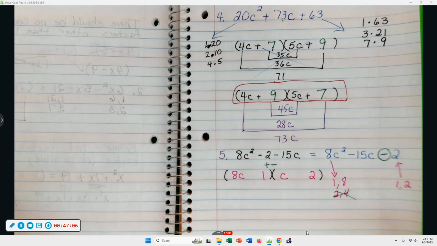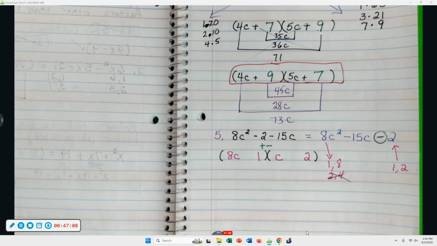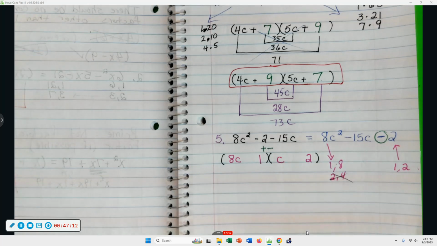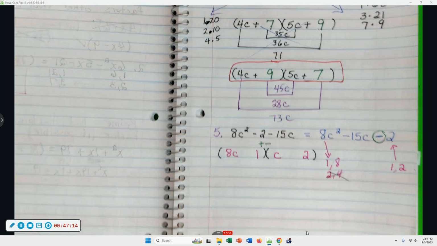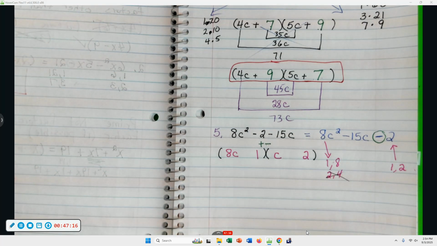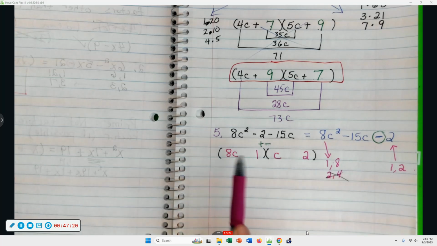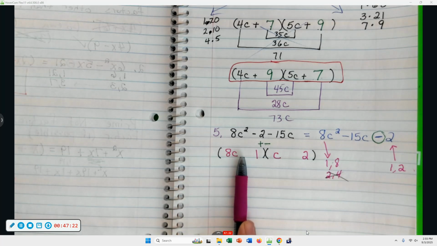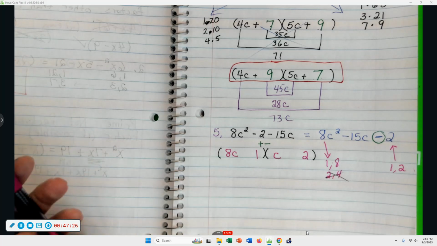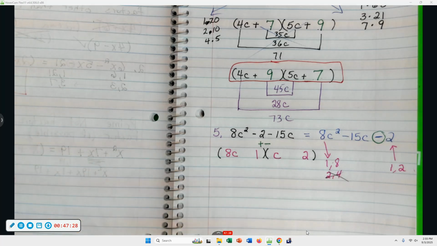I'll tell you what I see on tests, unfortunately. People are typing the first set of parentheses 8 plus 1, and then the second one 1 minus 2, or what have you. What do they forget to put in the parentheses? The variable. So don't forget, it's 8C and 1C. Don't forget the variable. You have to have letters in those parentheses also.